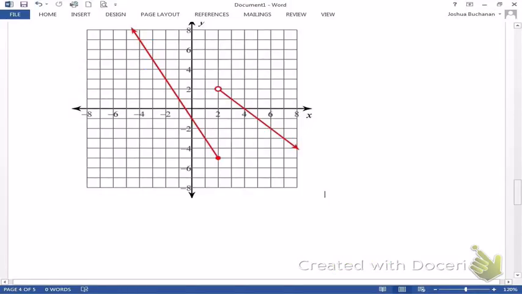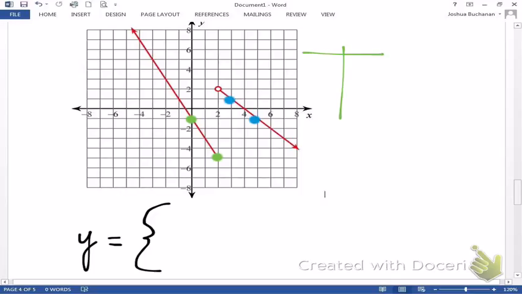Our second example is going to be significantly easier. There's only 2 pieces, and it looks like they're both linear equations. So all we need to do here is get 2 points from each of these lines and use the linear regression tool on our calculator to come up with the 2 equations.